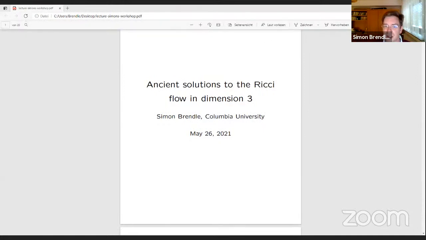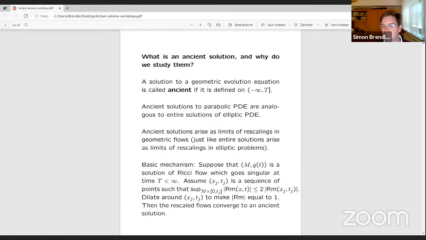So I would like to start off and tell you some basic definitions, what an ancient solution is, and why these are objects that we want to study in order to understand singularity formation in geometric flows. So first of all, the definition is very simple.